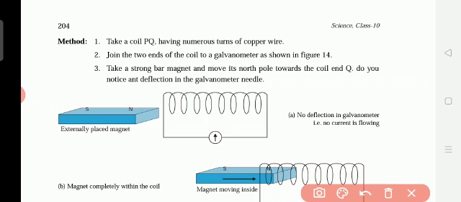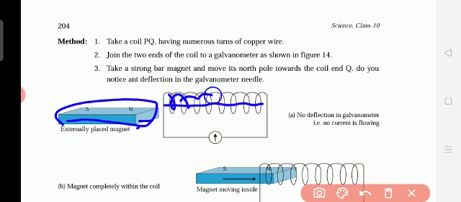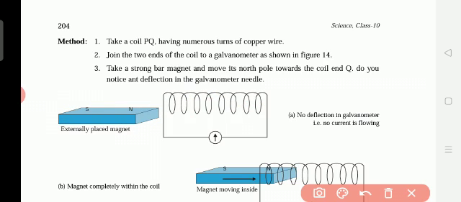So when this bar magnet is put inside this coil, electricity starts to flow. This is called electromagnetic induction. For example, take a coil PQ having numerous turns.